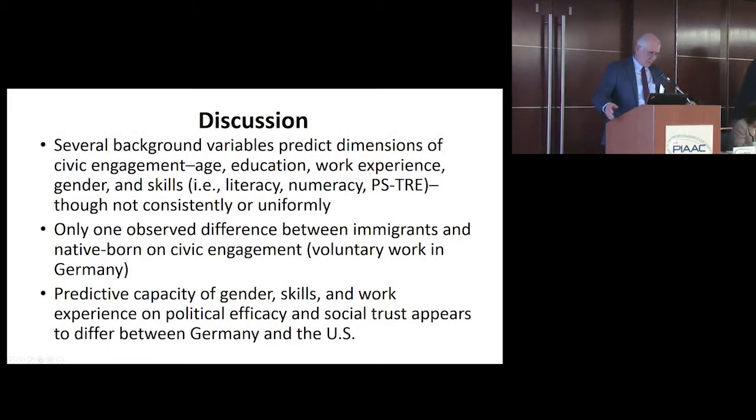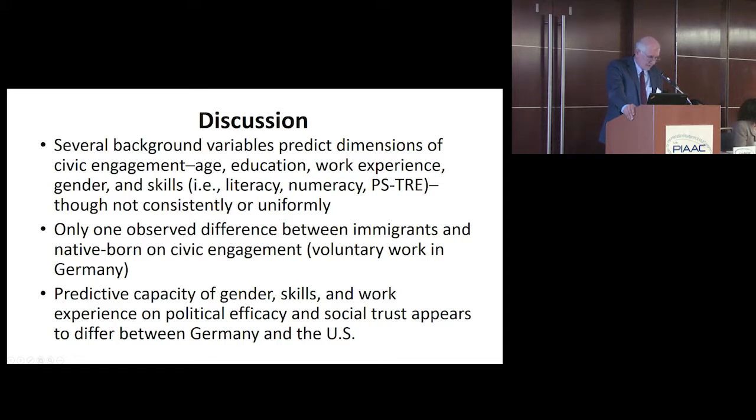So as Tom reported, several background variables predict the various dimensions of civic engagement, although none did so consistently or uniformly. Age, education, gender, and different skills predicted different dimensions of civic engagement. However, native-born status did not. There was no observed difference between native-born and immigrant adults for civic engagement, with one exception again.